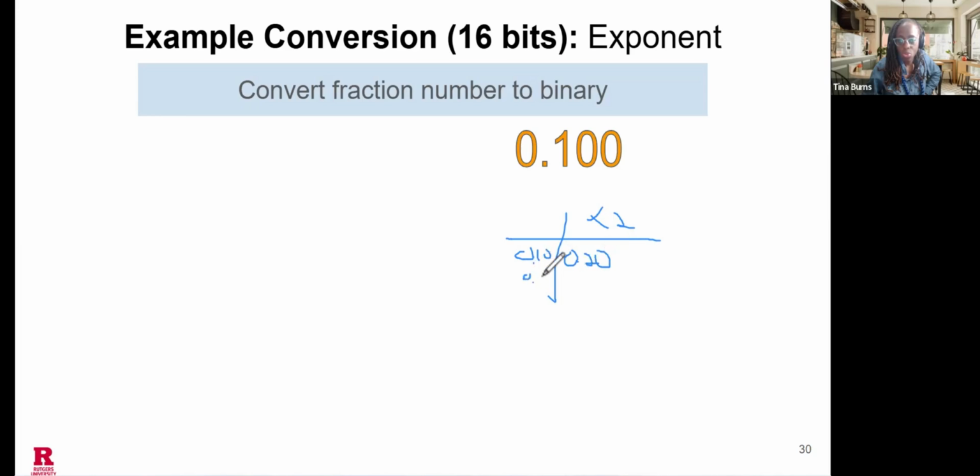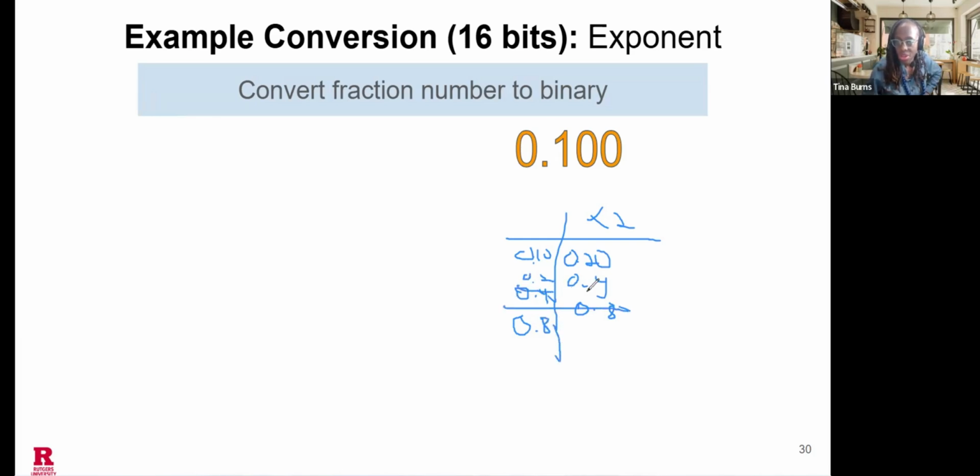We're going to bring this over. We have 4 here. We're going to bring this over. We have 8 here. We're going to bring this over. We have 1.6 here. All right, so we now have brought this 1.8 over.